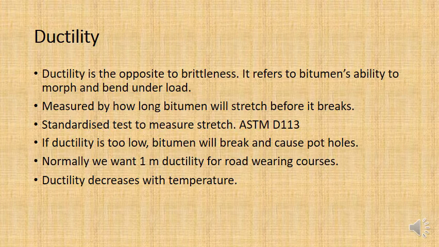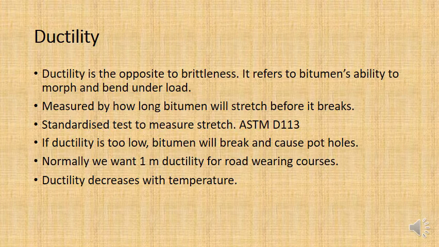Now, if the ductility is low, that will mean that the bitumen will break quickly and it will cause potholes. It will basically snap and it will be brittle. Normally you want to have at least 1 meter of ductility for road wearing courses.